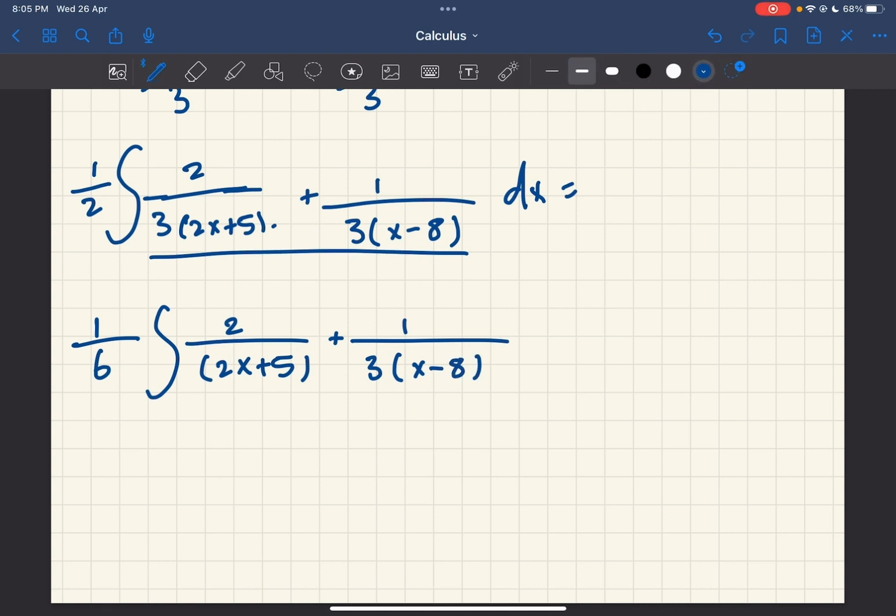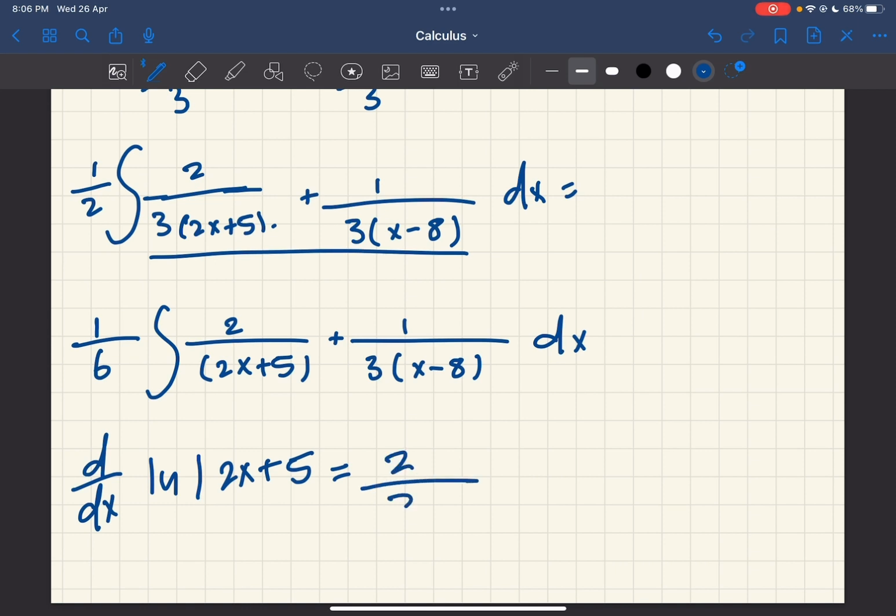And since I stated that the derivative of ln of the absolute value of 2x plus 5 equals 2 over 2x plus 5, we can assume that the integral of 2 over 2x plus 5 is ln of 2x plus 5.